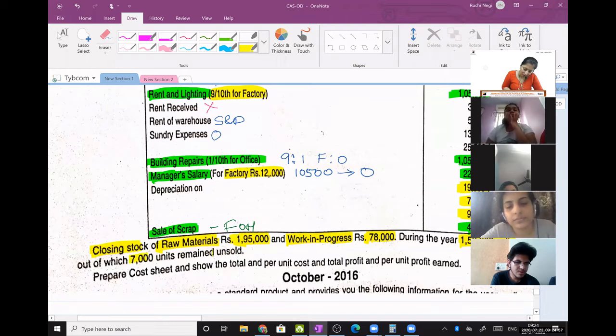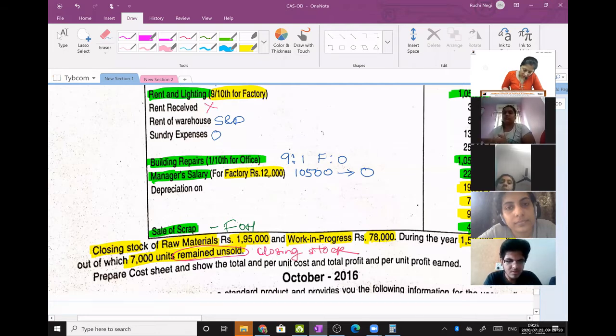What is this? 7,000 unsold. Which stock is this? Anyone? Yes, Anya, it is closing stock. Great. Okay, so that's my closing stock. This is closing stock. Right?